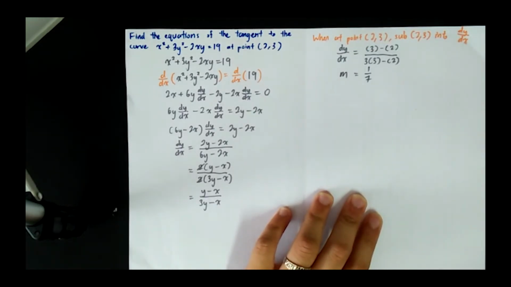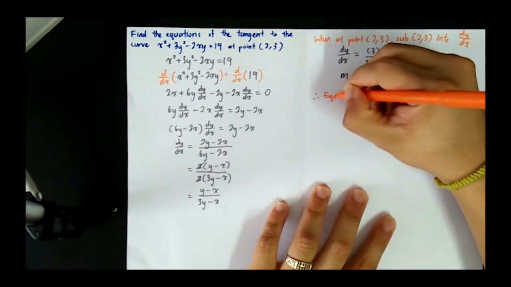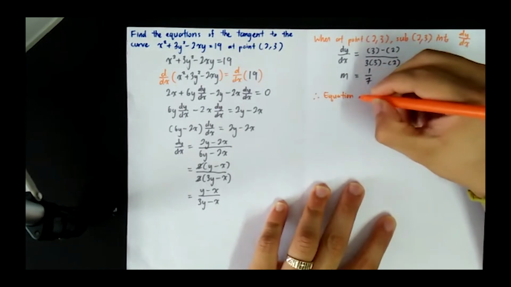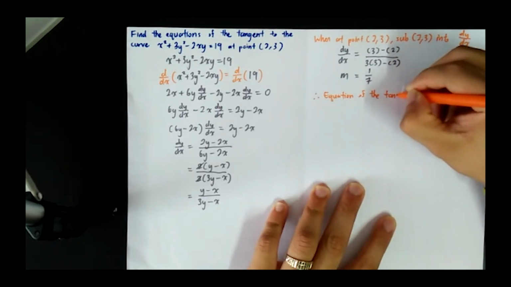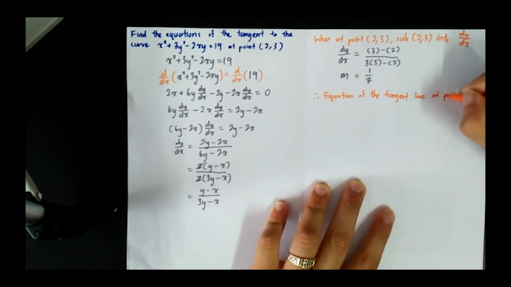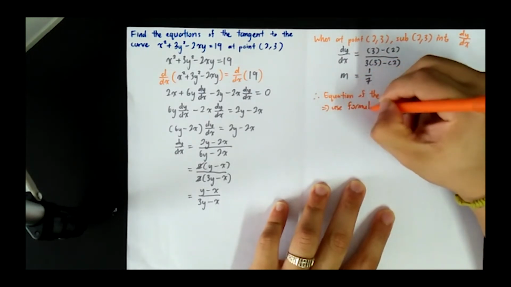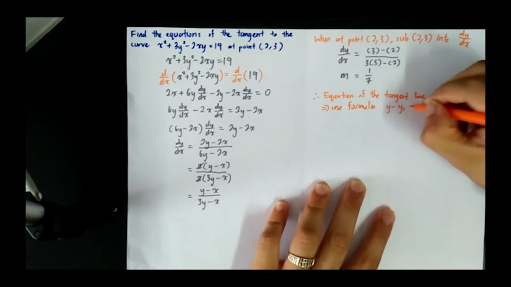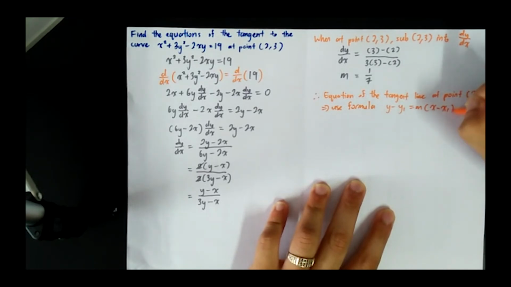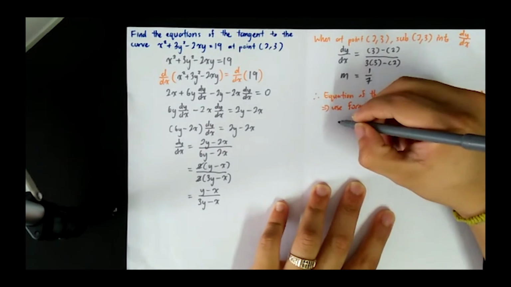Okay, after we find the gradient, for the equation of the tangent line at point (2, 3), we're going to use this formula and write out the equation.